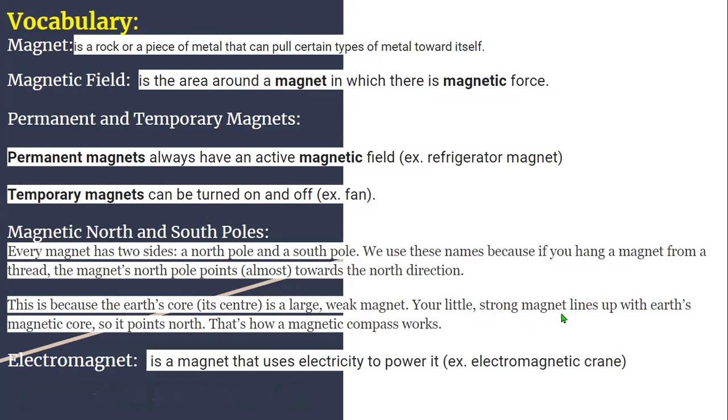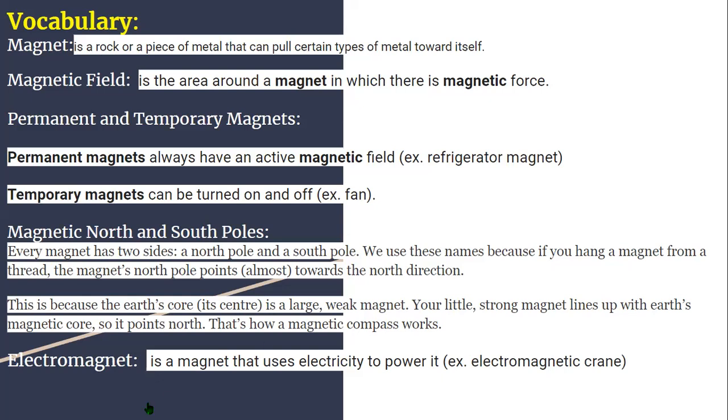Your little strong magnet lines up with Earth's magnetic core, so it points north. That's how a magnetic compass works. So the north and south pole on a magnet is related to the vocabulary we use when we talk about the north and south poles on planet Earth.